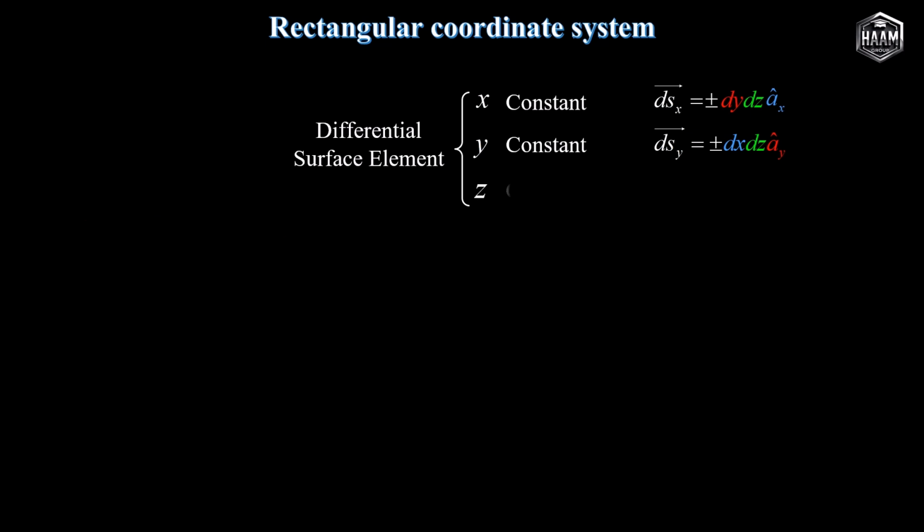And the last standard surface is defined with z fixed. A differential dx and a differential dy are multiplied together to form a surface on which z remains fixed. Here z is taken as 0 for simplicity.